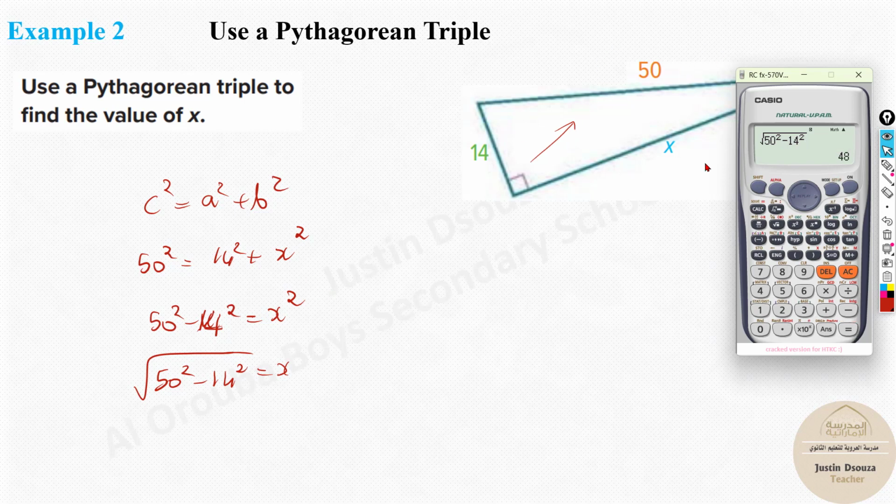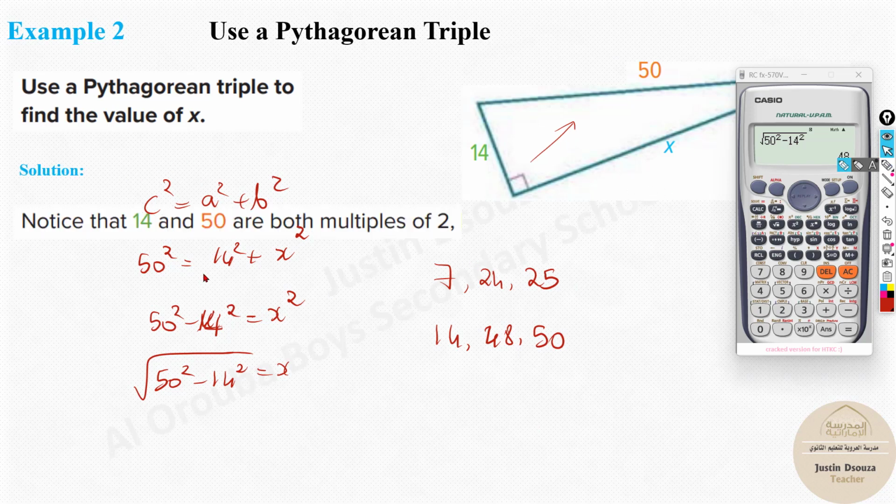Now if you remember the Pythagorean triple, it was 7, 24, 25. If you multiply all these by 2, it is 14, 48 and 50. So we have 14, 50, and the one more side will be 48. This is the Pythagorean triple method, but you can always use this formula and solve it.